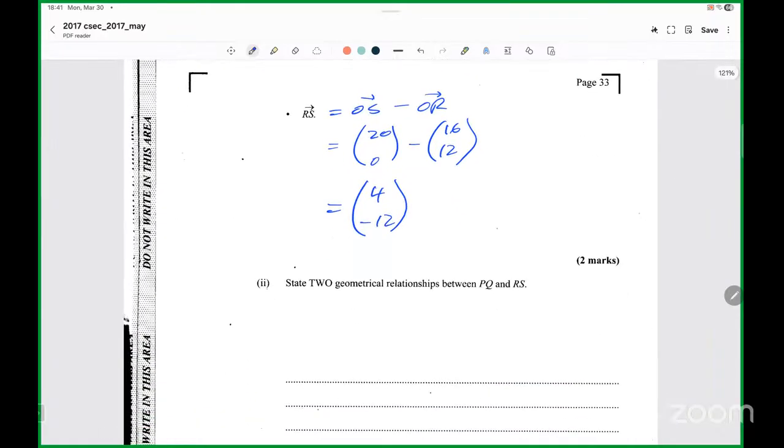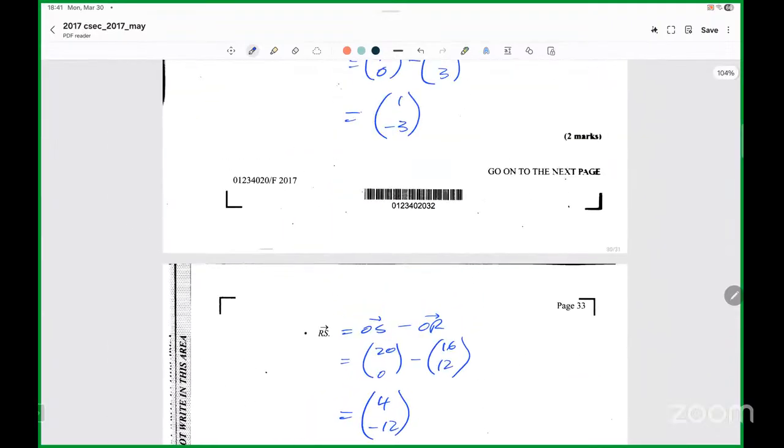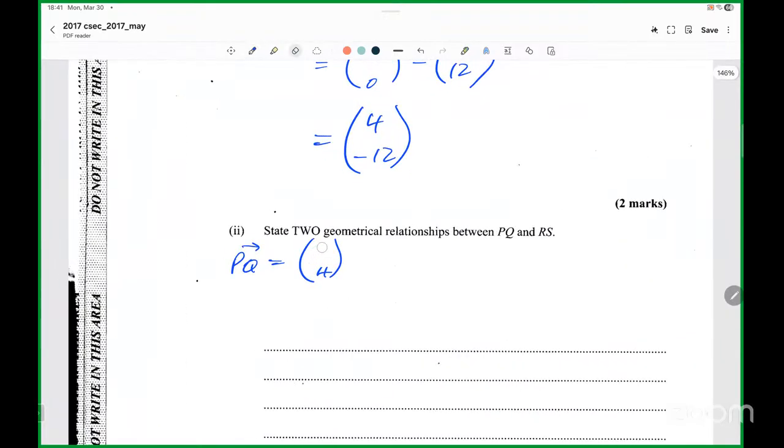Then it says, state two geometric relationships between PQ and RS. What do we have? PQ is (1, -3). That's what we got. And then RS is this one, (4, -12).